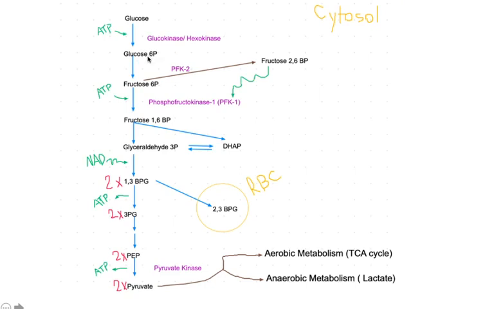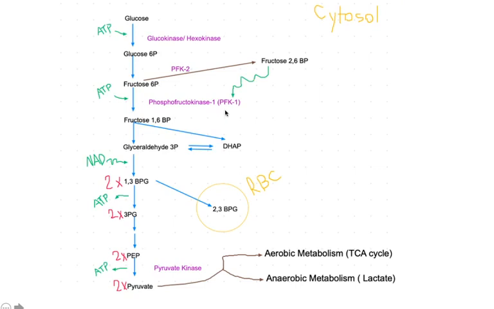In the next step, glucose 6-phosphate is converted to fructose 6-phosphate, and then fructose 6-phosphate is converted to fructose 1,6-bisphosphate by the enzyme phosphofructokinase 1, PFK1. PFK1 is the rate-limiting enzyme of glycolysis, and it's heavily regulated. This enzyme is induced by AMP and inhibited by ATP.